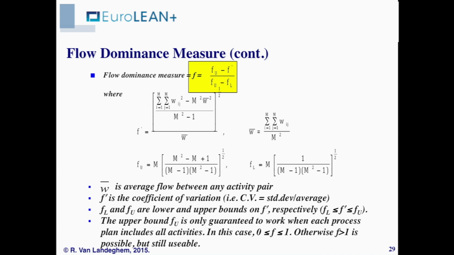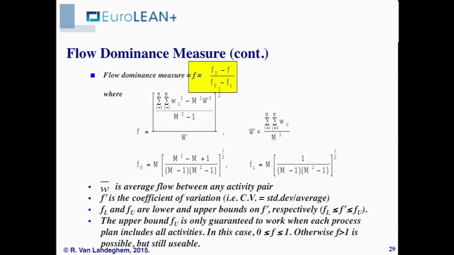Then, using this matrix with the flow volume between each item, we can then calculate a flow dominance measure, which is given by this set of formulas. W is the average flow between each activity pair, so it is given by the sum of all flows divided by the square of the number of items.